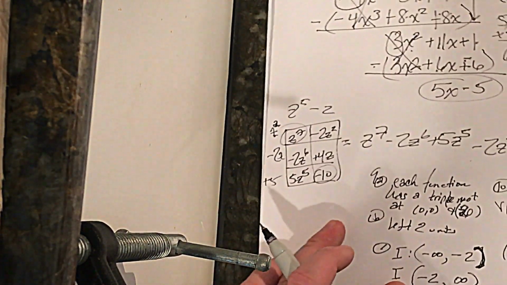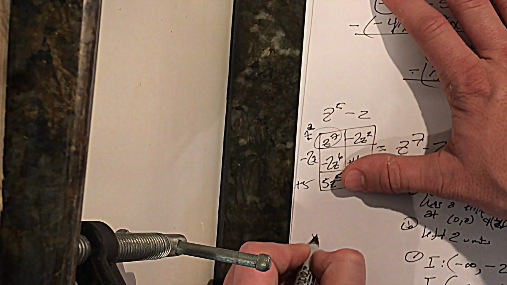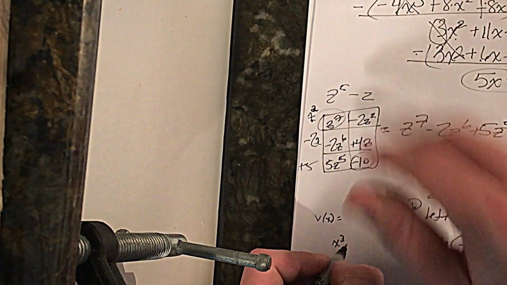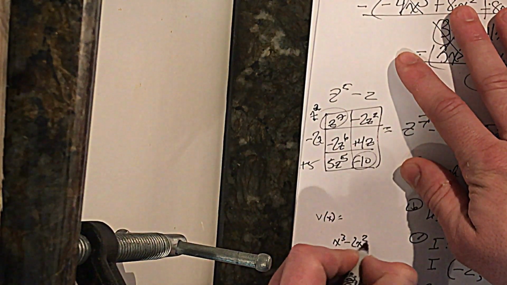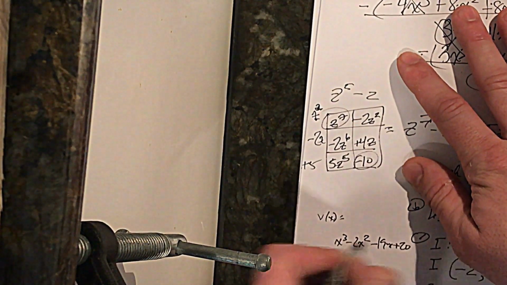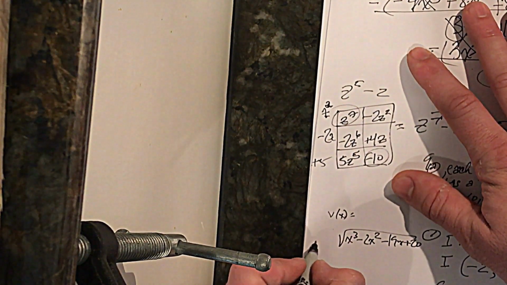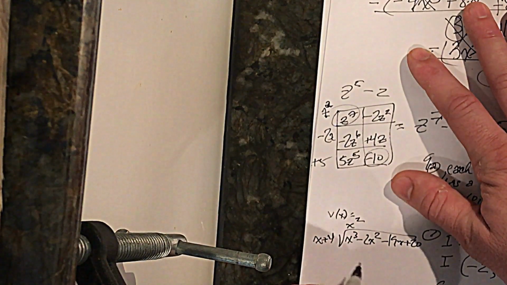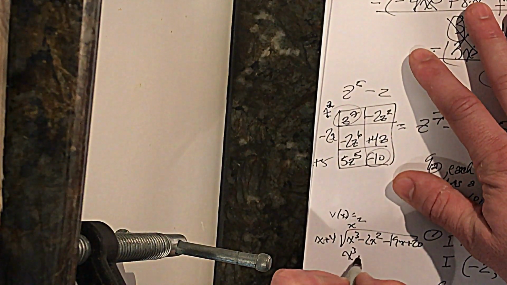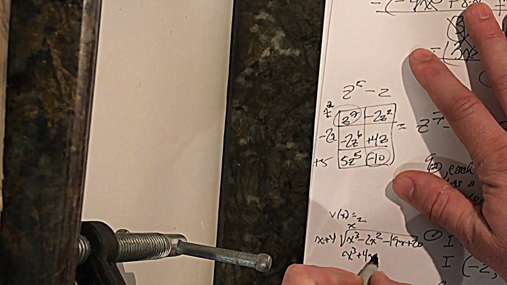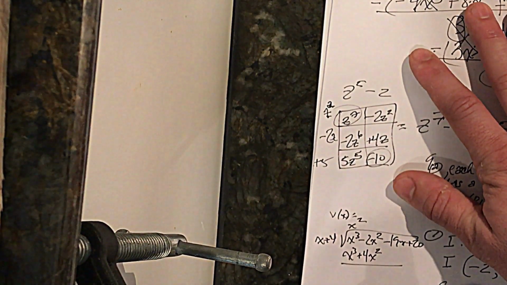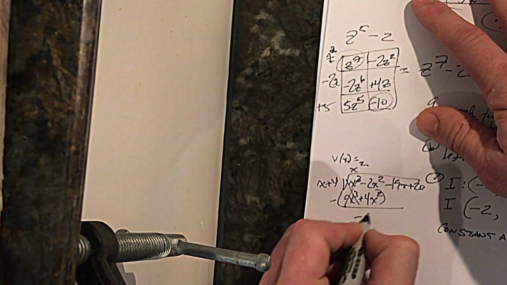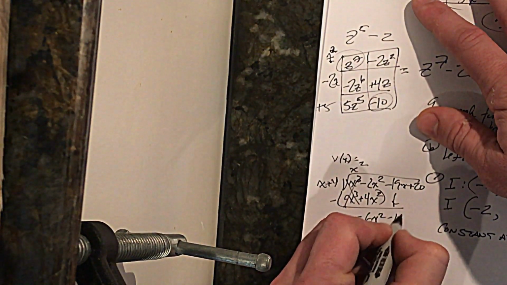All right, so let's get started. We've got v of x is going to be x cubed minus 2x squared minus 19x plus 20. We divide by x plus 4, giving us x squared. Let's subtract, and we get negative 6x squared minus 19x.